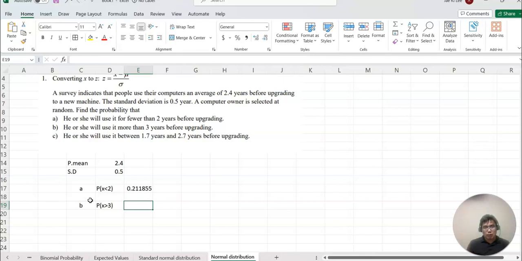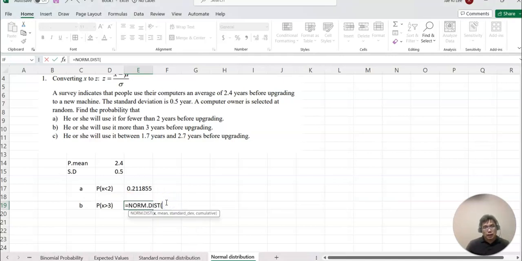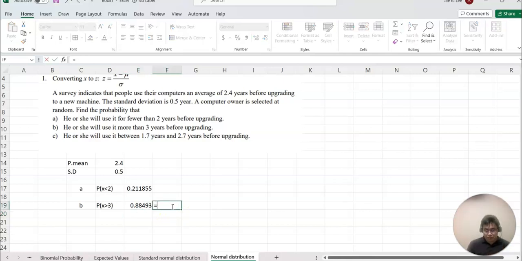First, equal to normal distribution, x becomes 3 comma, population mean comma, standard deviation comma, cumulative yes, and close that. Enter. But it represents the left side, so you must subtract it from 1. So that's one way to do it.